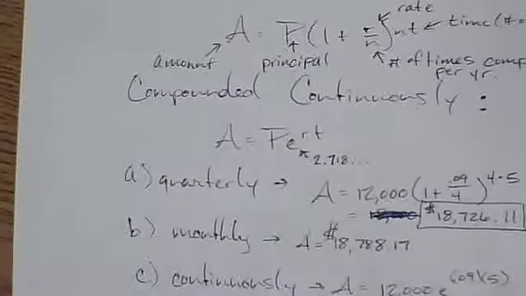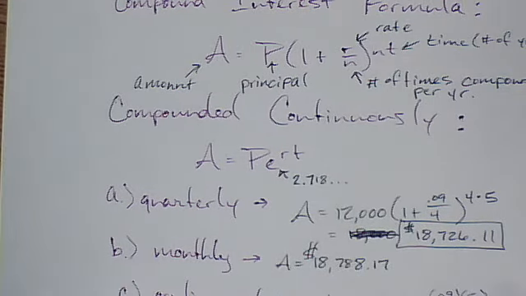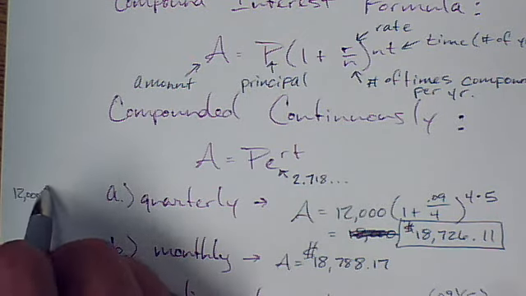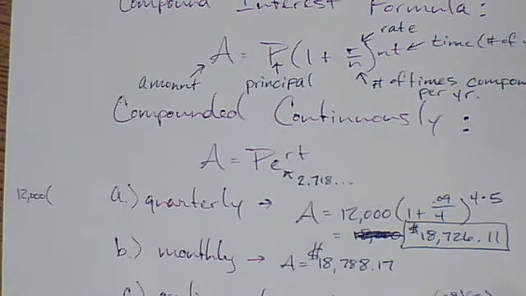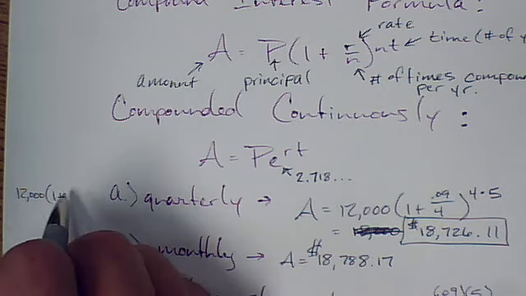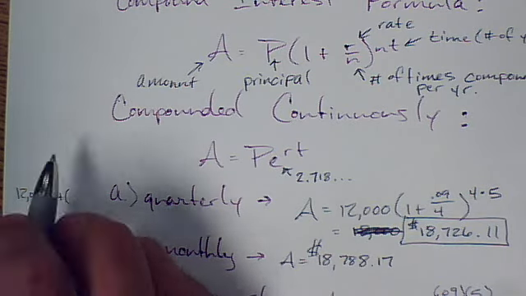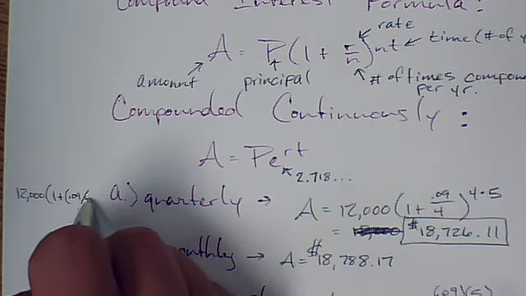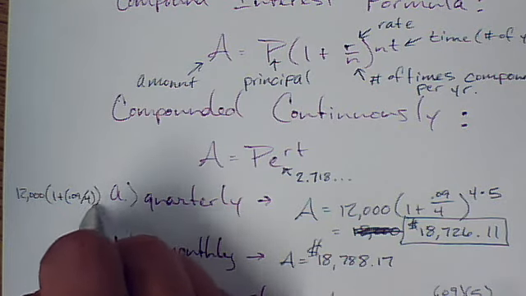Now, when you're plugging these into the calculator, you do have to be careful. Like for that first one, you would want to plug this in as 12,000, and you could put parentheses, 1 plus. You want to make sure you open another set of parentheses and do 0.09 divided by 4, close that, close it again.